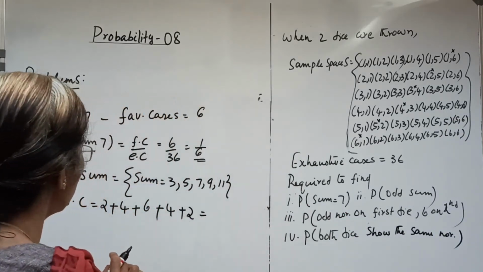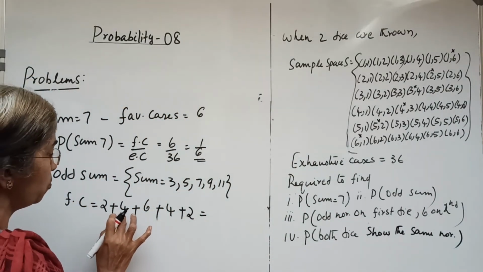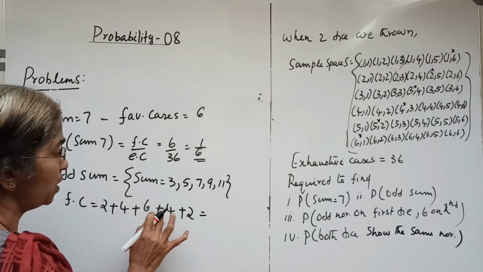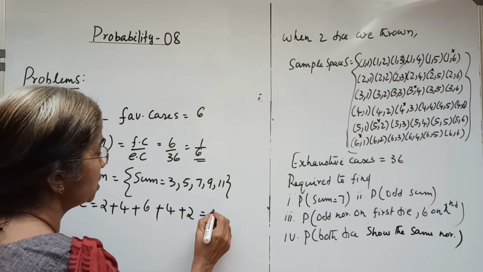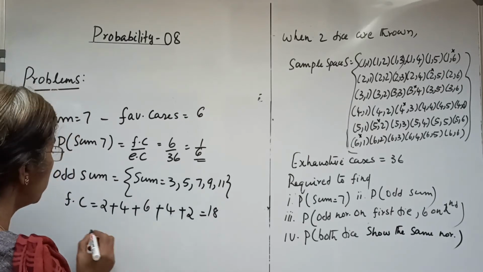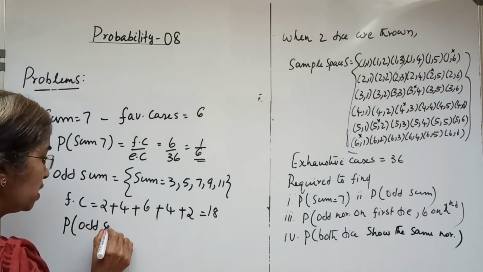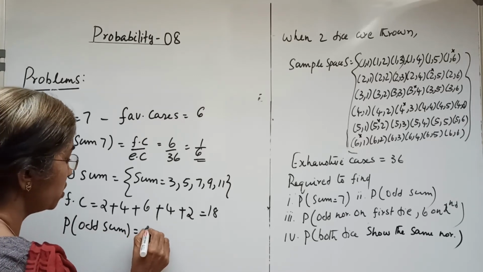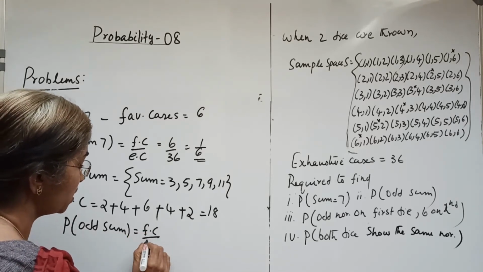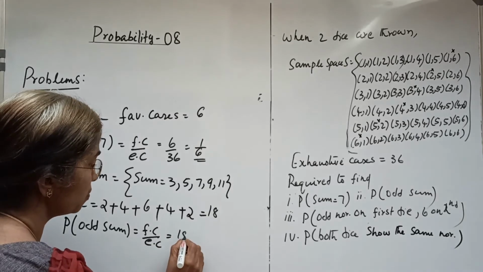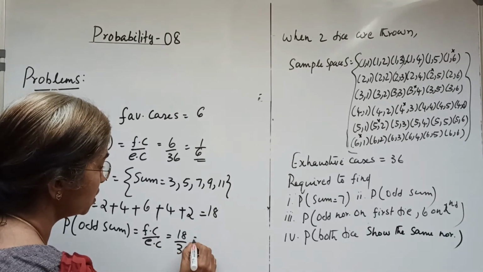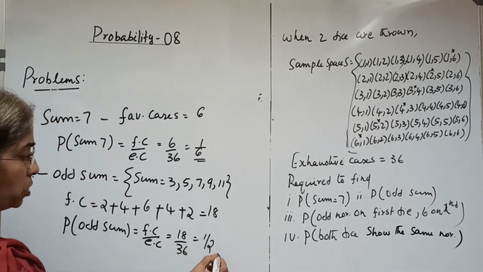So favorable cases is equal to 2 plus 4, 6, plus 6, 12, plus 4, 16, plus 2, 18. Therefore probability of odd sum equals 18 favorable cases by 36 exhaustive cases, equal to 1 by 2.